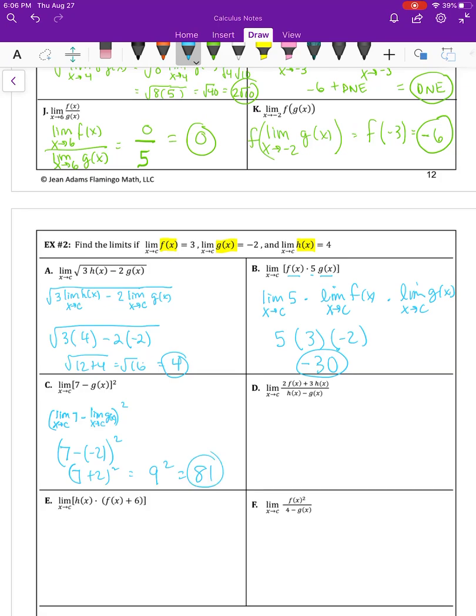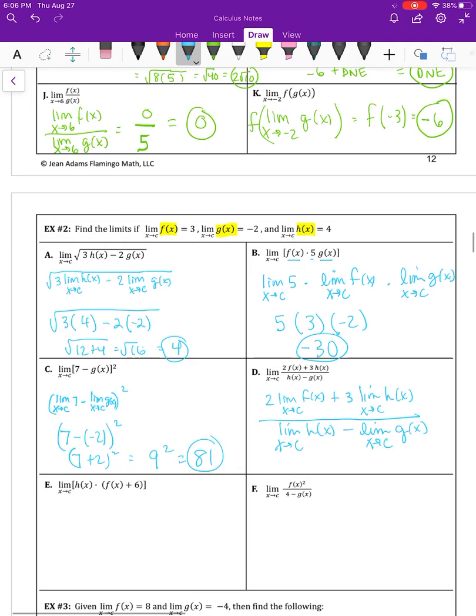This one is a quotient. So we've got 2 times the limit as x approaches c of f of x plus 3 times the limit as x approaches c of h of x divided by the limit as x approaches c of h of x minus the limit as x approaches c of g of x.